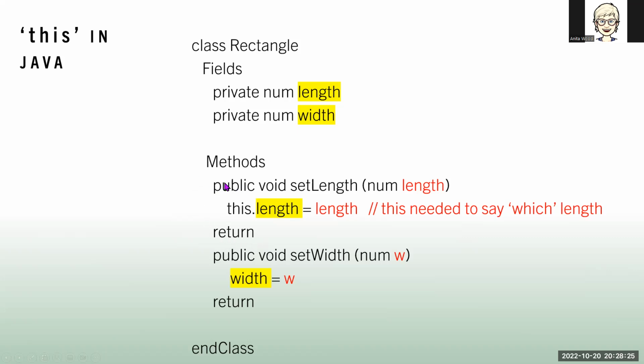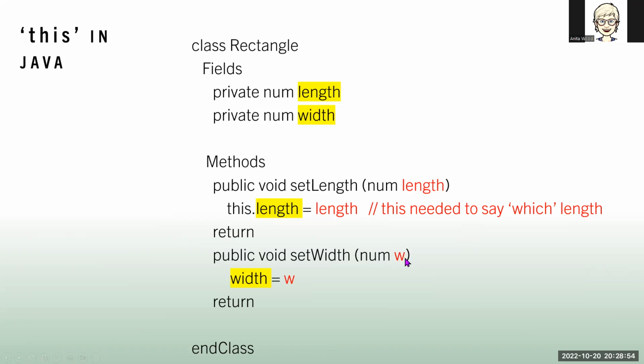Okay, so I don't have it in this one, but I have it in this one. Don't you hate me? So I have length, which is private to my class, and width. And I have my setter. I have a setter for the length and I have the setter for the width. Now notice, for instance, in width, do you see the parameter variable that I'm using here?